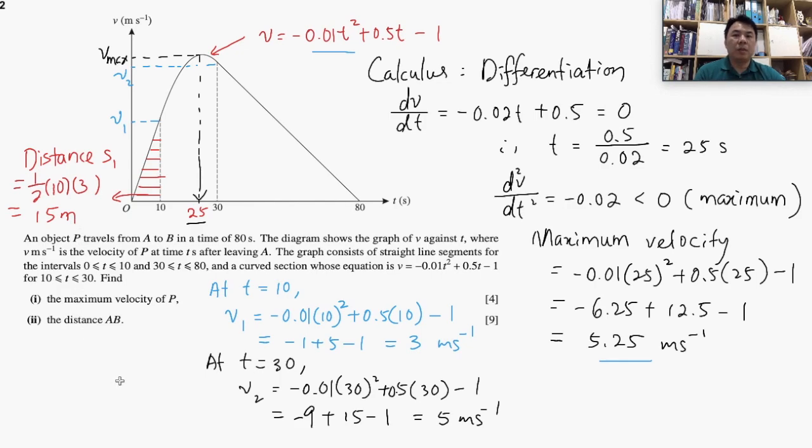All right, so that's the first region. The second region is here. Okay, this is a bigger region. This distance is given by, okay, let me just write it down. So distance S2 is given by the same formula here, half multiplied by the width.